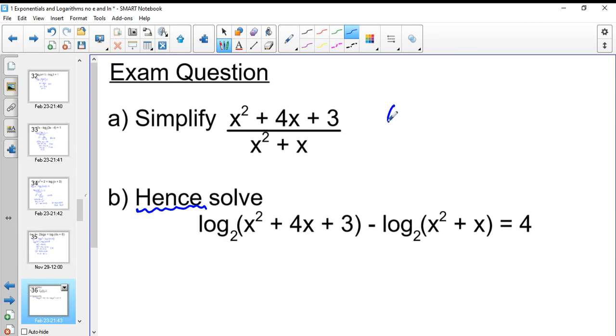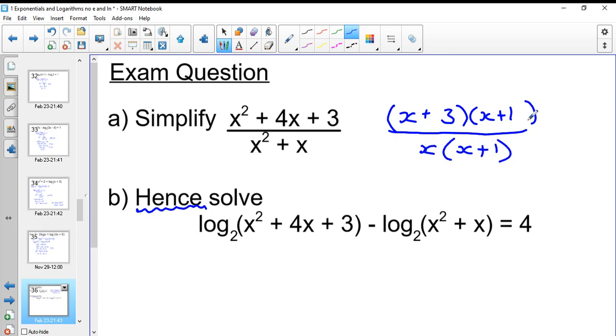So factorise first. 3 and 1, plus and plus, over x, x plus 1. They cancel, and we're left with x plus 3 over x.